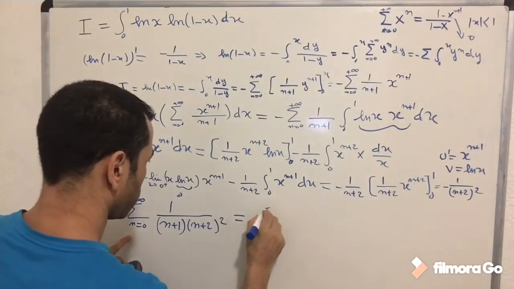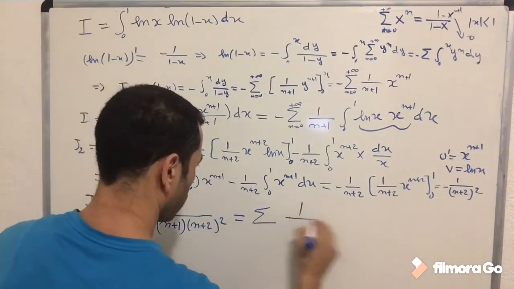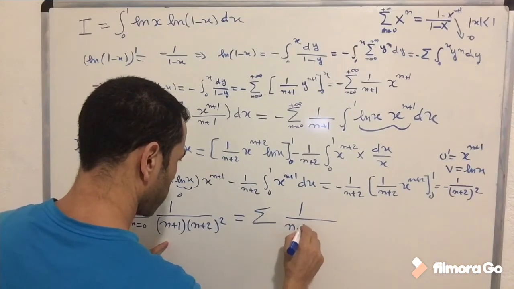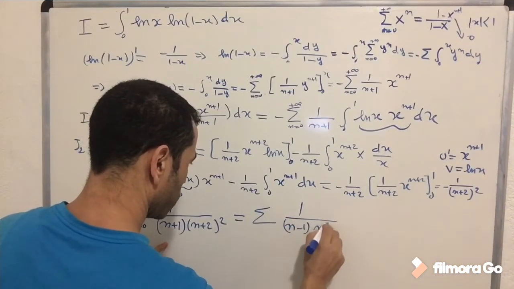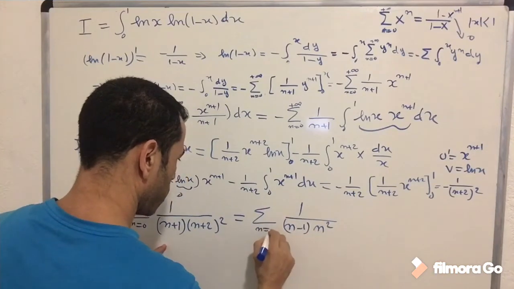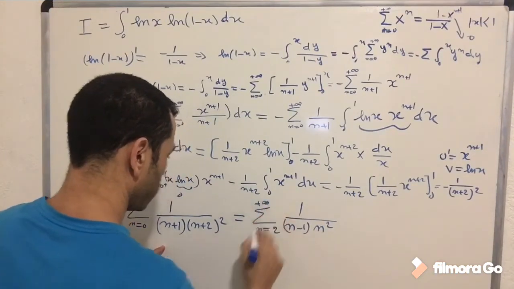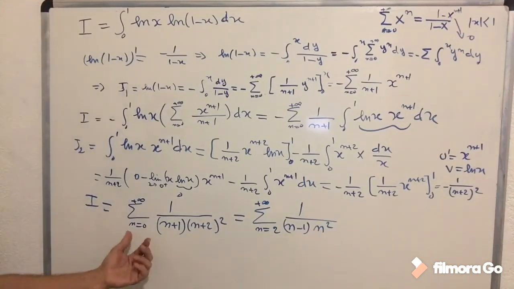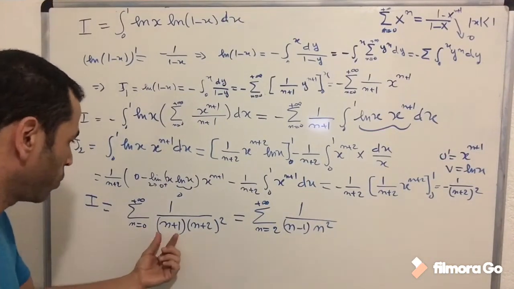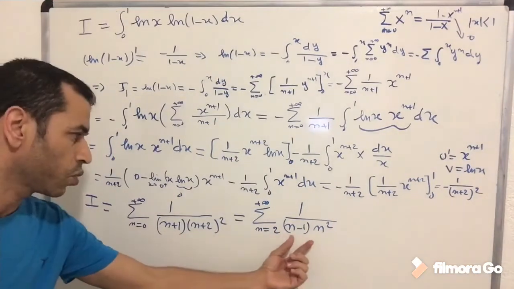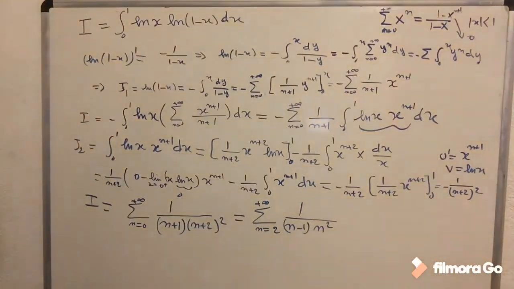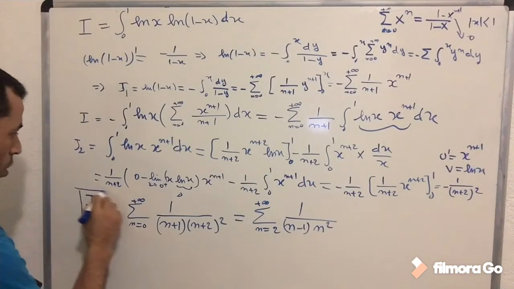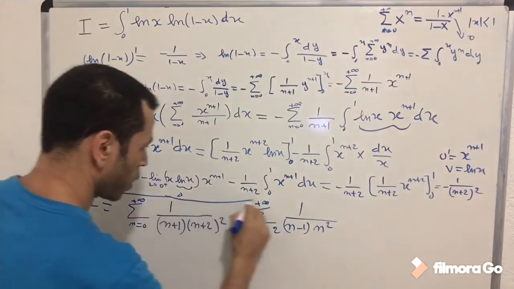At the same time this equals the sum of 1 over (n minus 1) n squared. If you put n equal 2 here to plus infinity, we are just switching the index from 0 to 2, then switching this one to (n minus 1) n squared. It will be the same thing. This is our nice expression here.